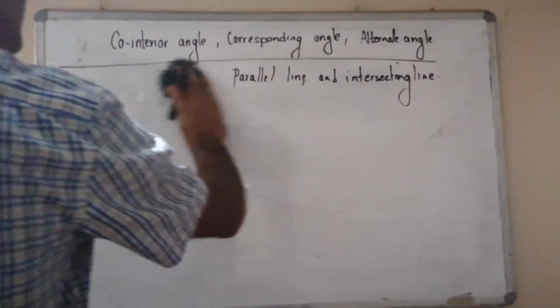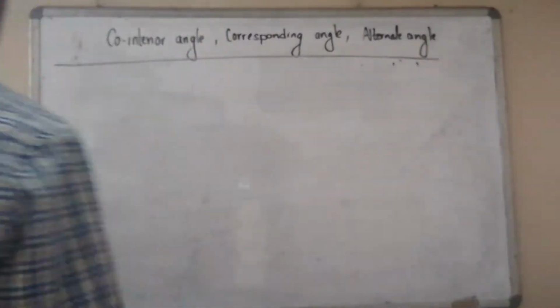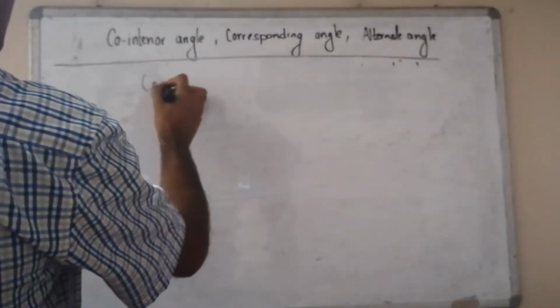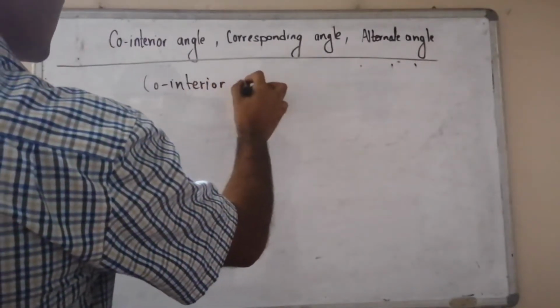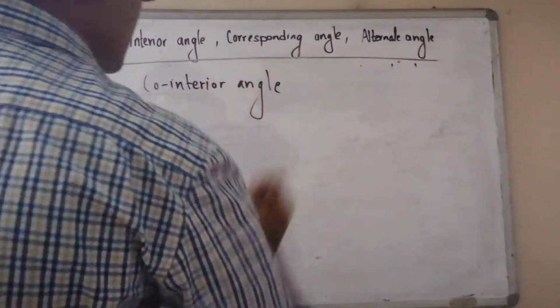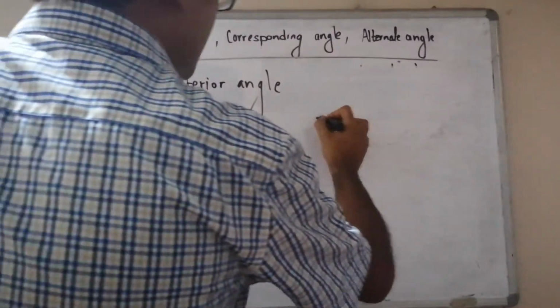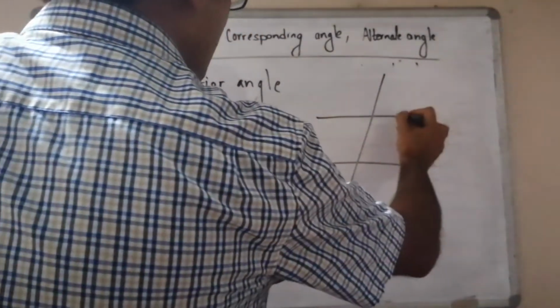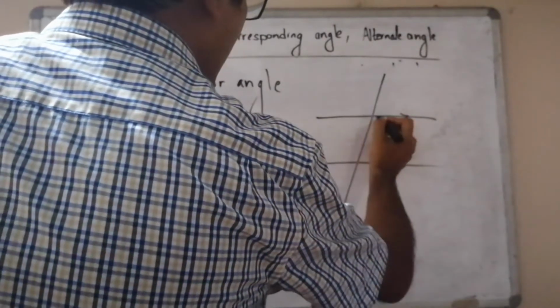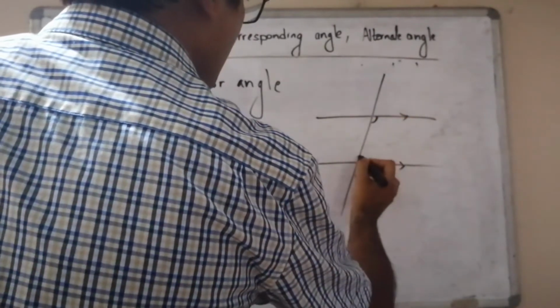So now let's go to the co-interior angle first. Co-interior angles are those angles which lie between two parallel lines and on the interior side of those parallel lines.